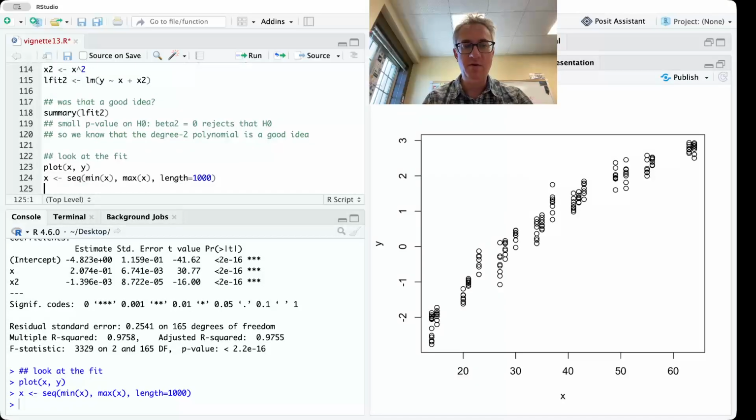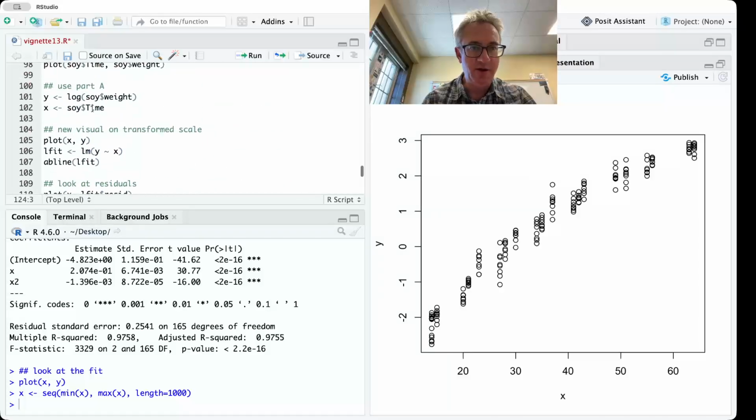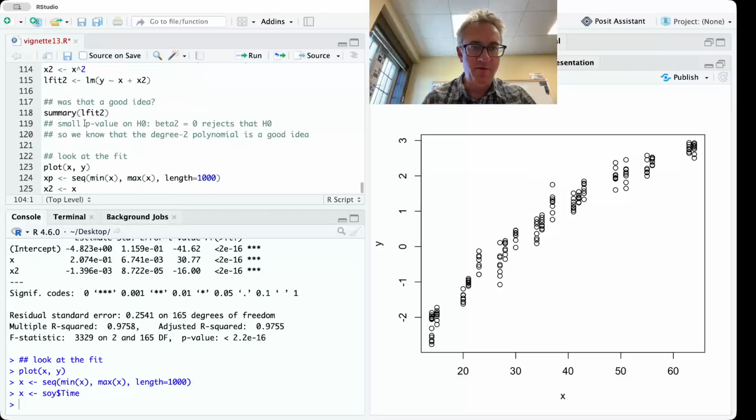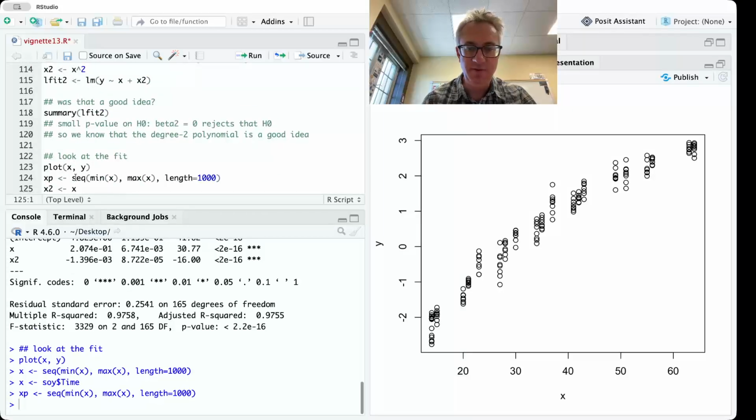And then we got to make x2s. Oh, I shouldn't have called that x. I should have called that xp. Got to be careful here because I don't want to write over the x that I'm already using. This is xp. This is xp2, which is xp squared.